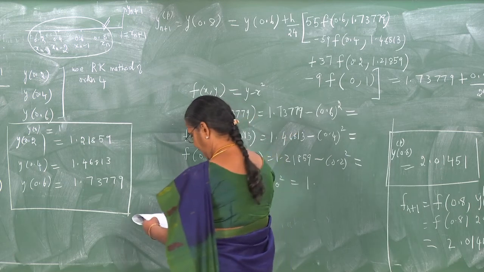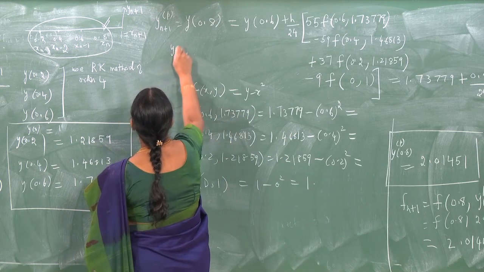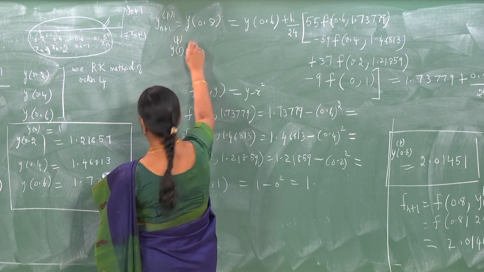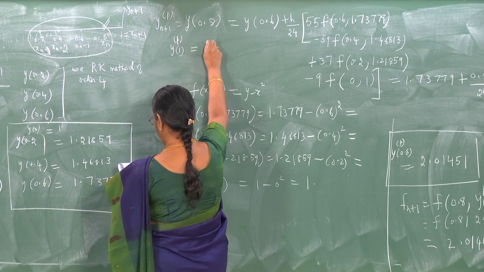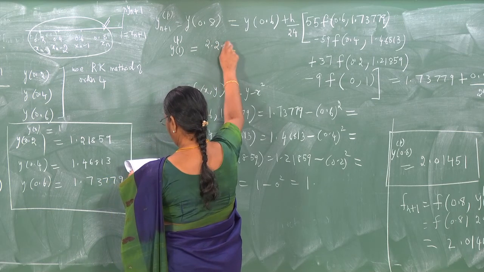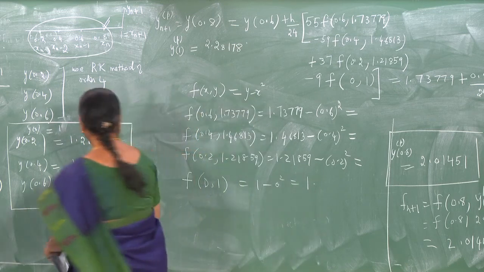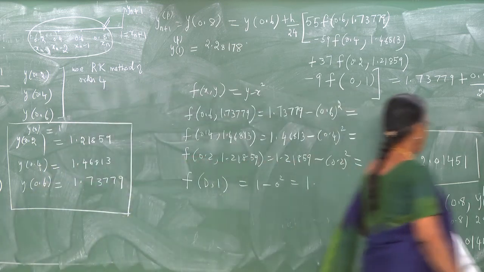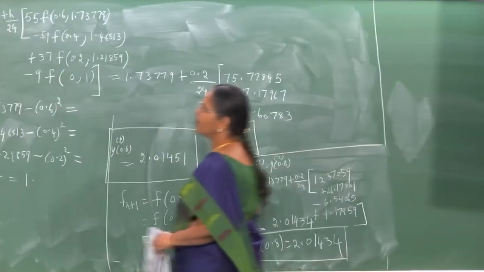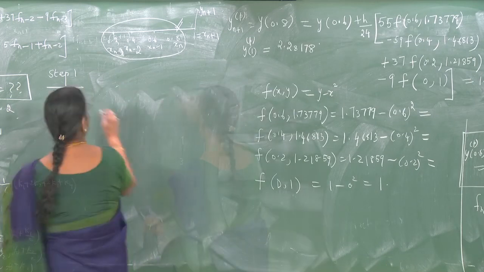The predicted value, y at 1 predicted, turns out to be 2.28178. I can give you the step just before the final answer so that you can check the details yourself.